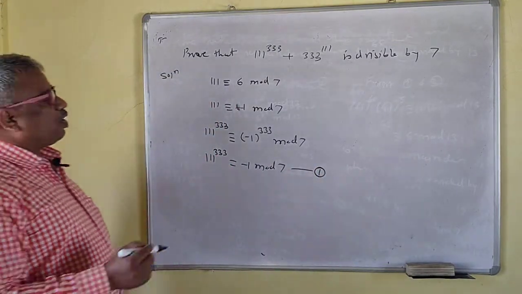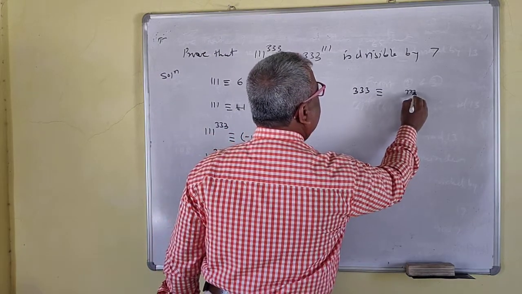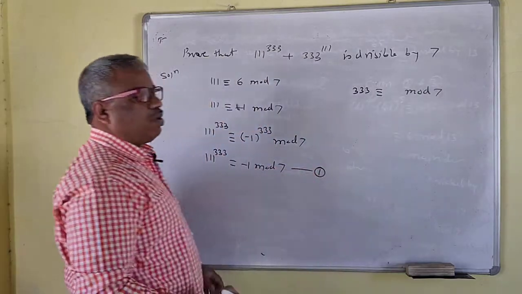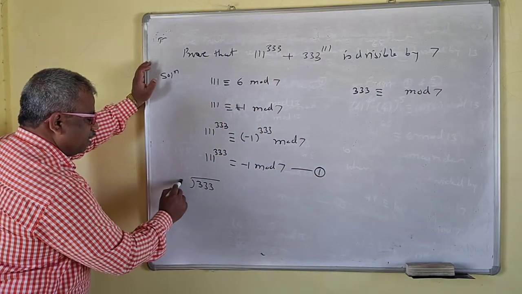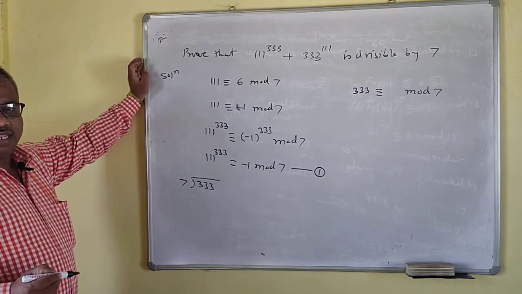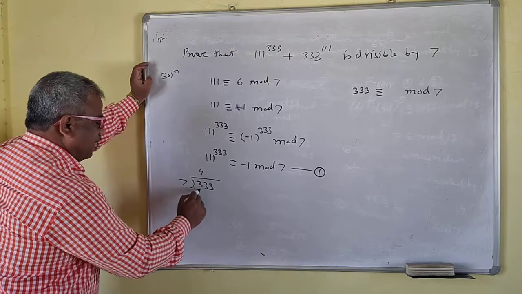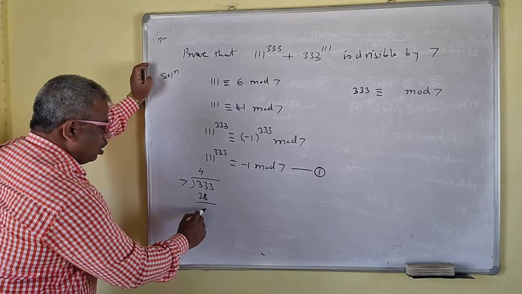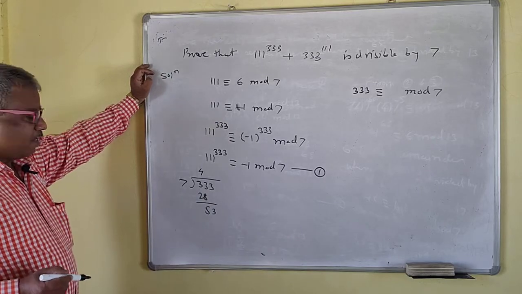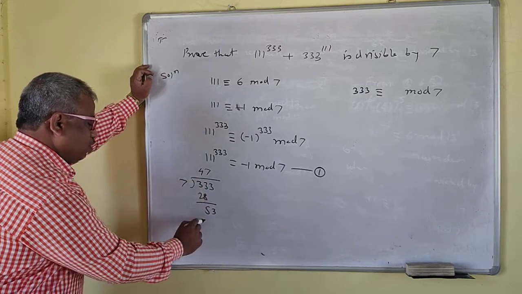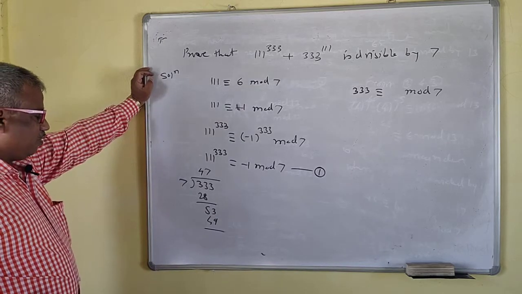Okay, now we go for 333. So 333 is congruent to what mod 7? So what we will do? We'll find the remainder when 333 is divided by 7. Okay, so 7 fives are 35, 7 sevens are 49. So 49 means what?